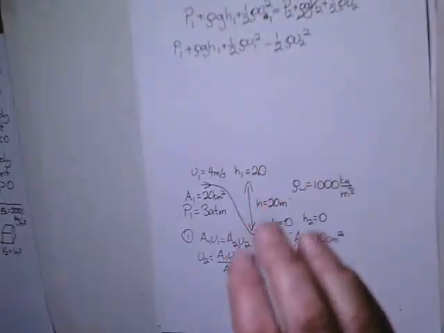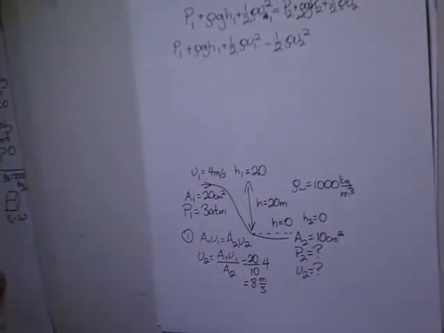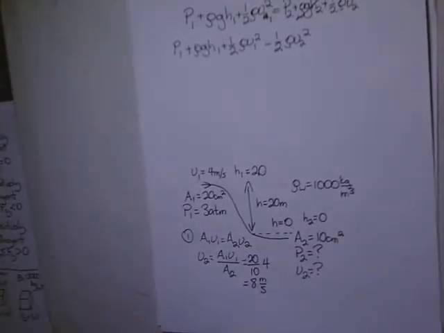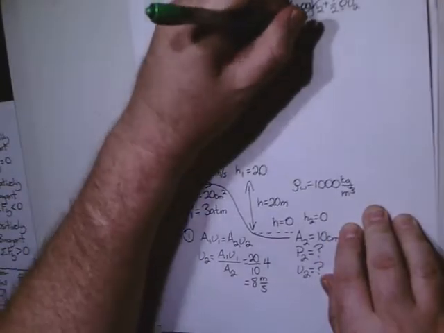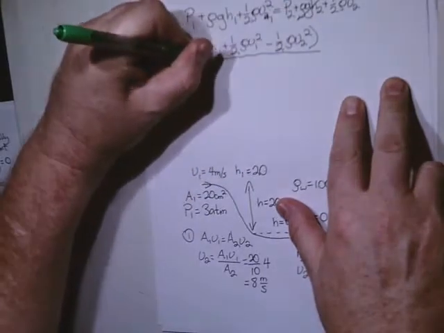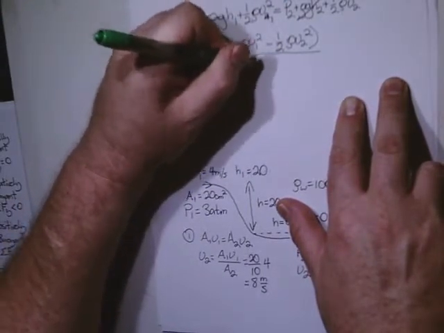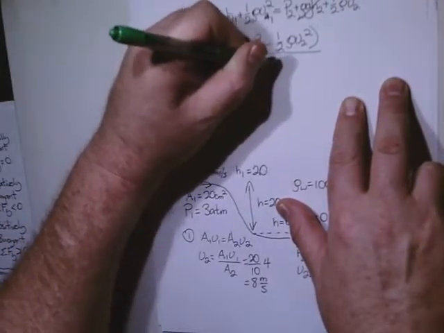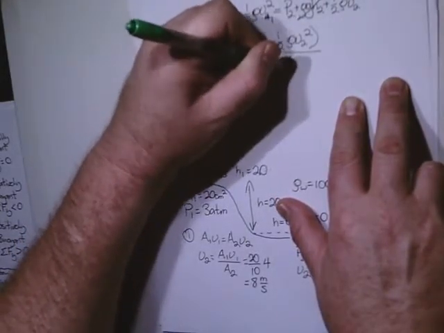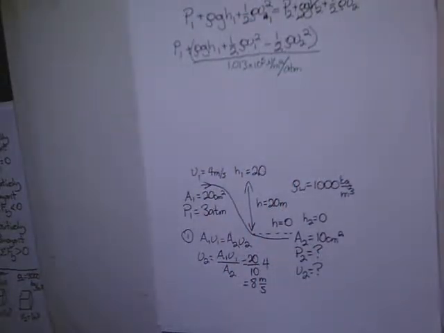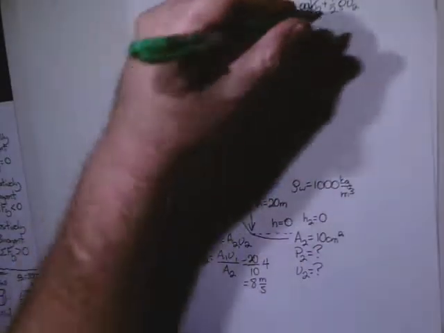But the other thing that I am going to do is divide what's in the parentheses by 1.013 times 10 to the 5th newtons per meter squared per atmosphere. And why is that? This is the pothole.